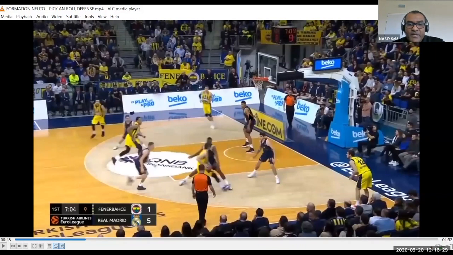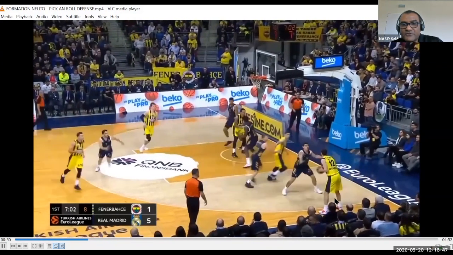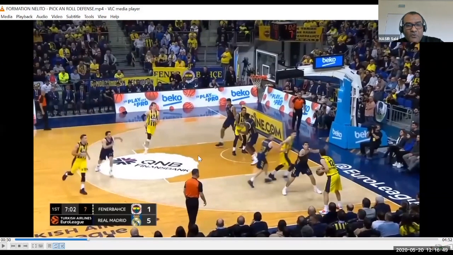And now we start the rotation. We have this player in the side position to control this guy on the perimeter. If he passes, he comes again to control the player in the perimeter zone. He comes again to shoot and close, and now we close down.